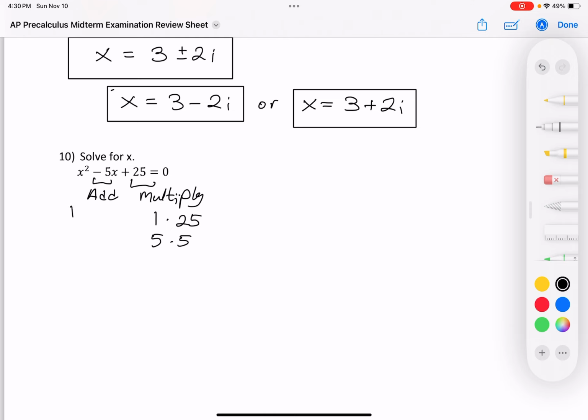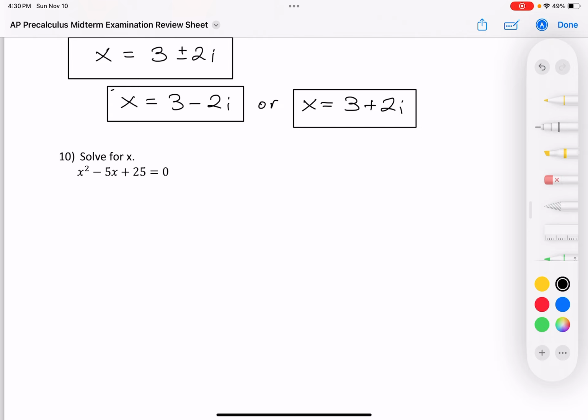And when you add those two numbers together, you don't get negative 5. Even if you make them both negative, you don't receive the negative 5 in the middle.